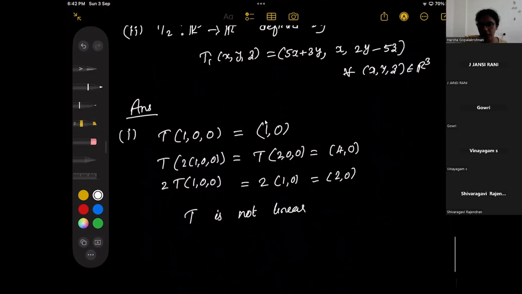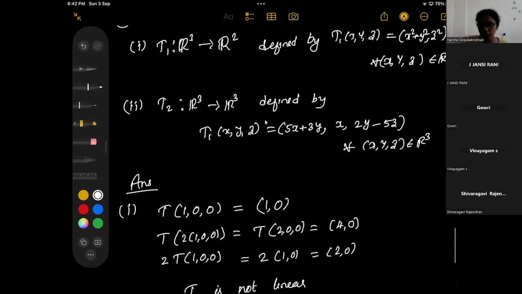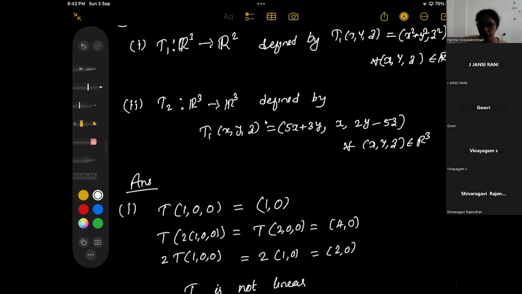Is the second one linear or not? As I already mentioned, it is all just linear terms, so it should be linear actually.